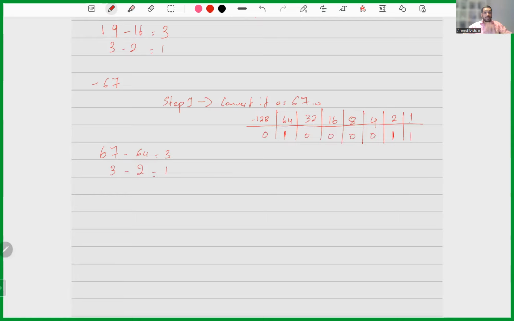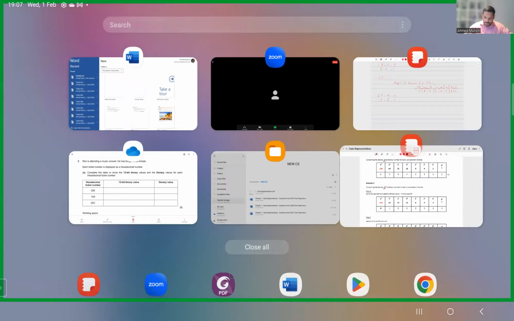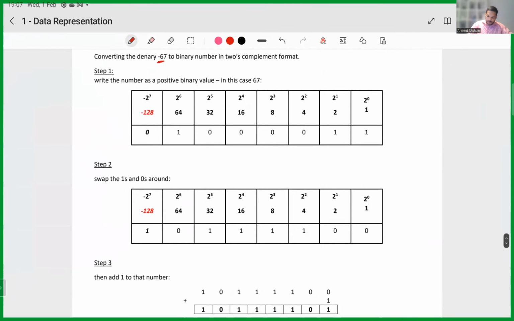So this is step number 1. Now, in step number 2, it says swap the ones and zeros. Wherever you find 1, make it a 0. Wherever you find a 0, make it a 1. This is step number 2 in 2's complement.